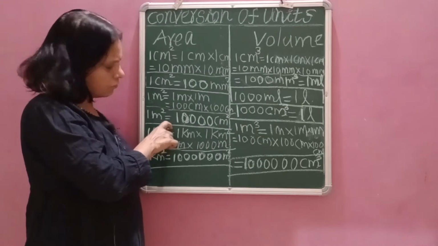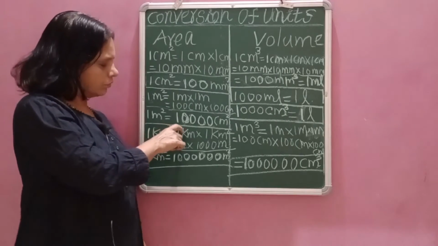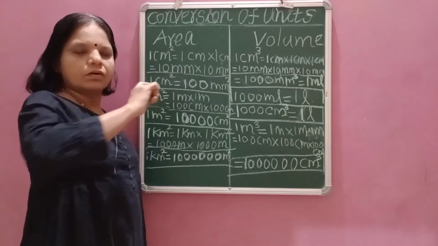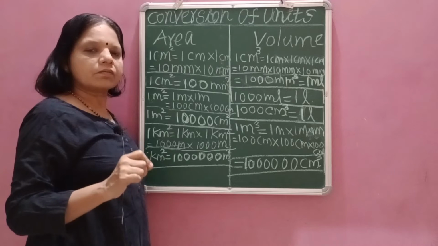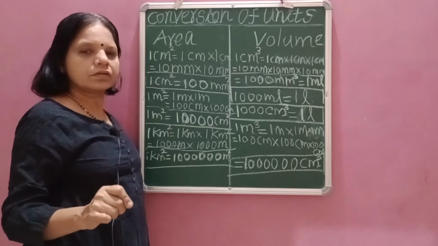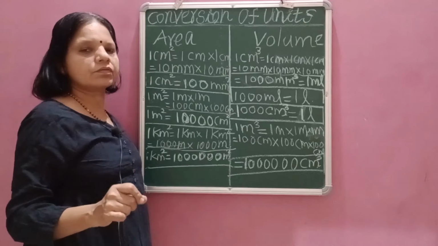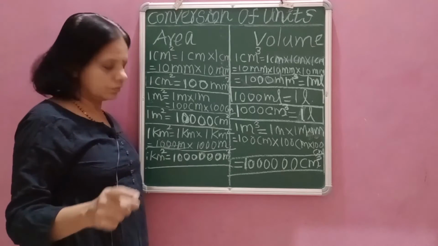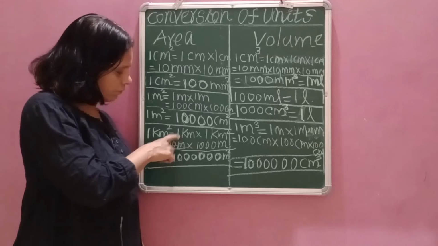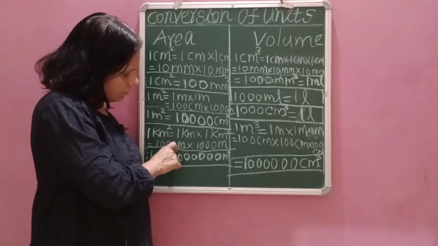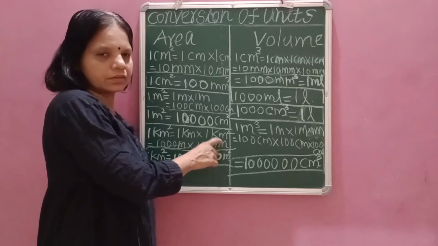Now next we will convert kilometer and meter. 1 kilometer square equal to 1 kilometer into 1 kilometer. How many meter make 1 kilometer? Kilo means 1000. So 1000 meter equal to 1 kilometer. So when kilometer is converted into meter, we multiply 1000 meter into 1000 meter.